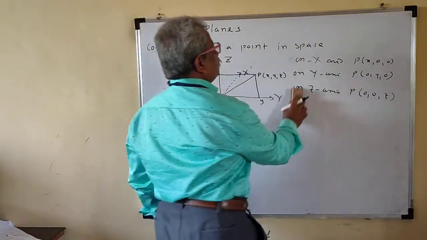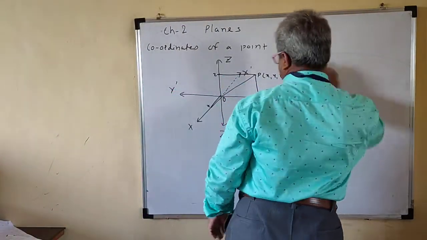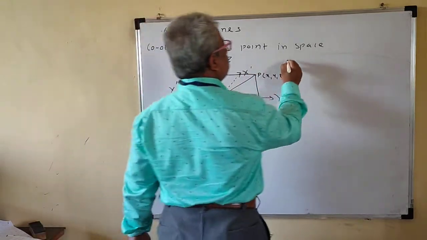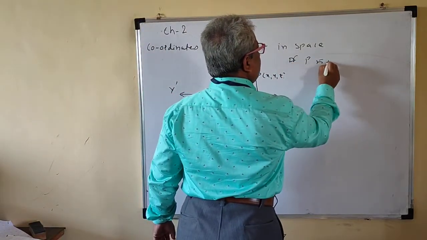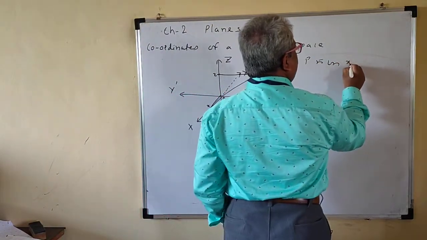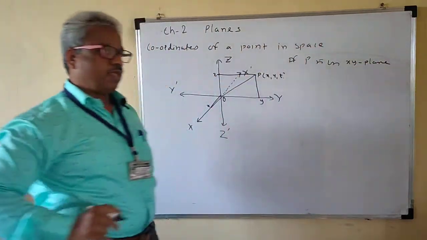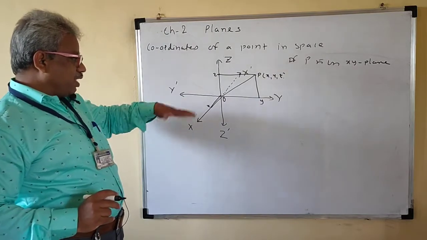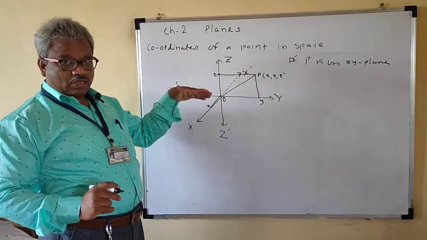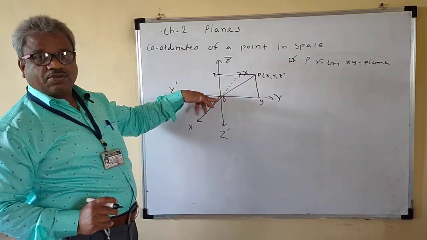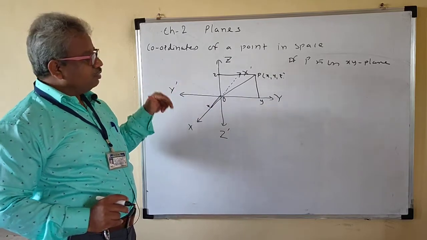If p is on the xy plane, it is on the xy plane. If you draw a perpendicular to the z axis, we get a 0 here.